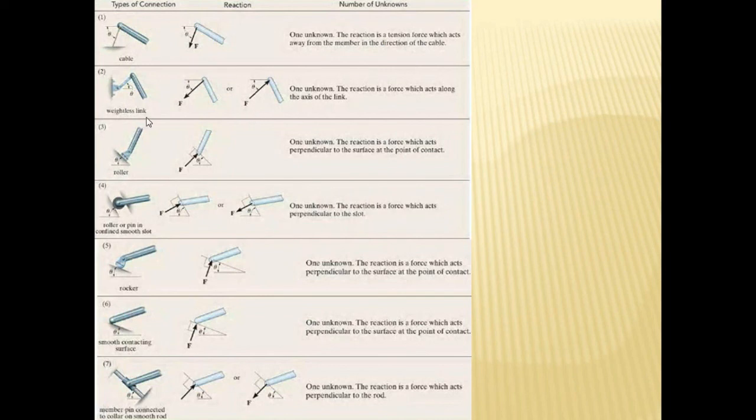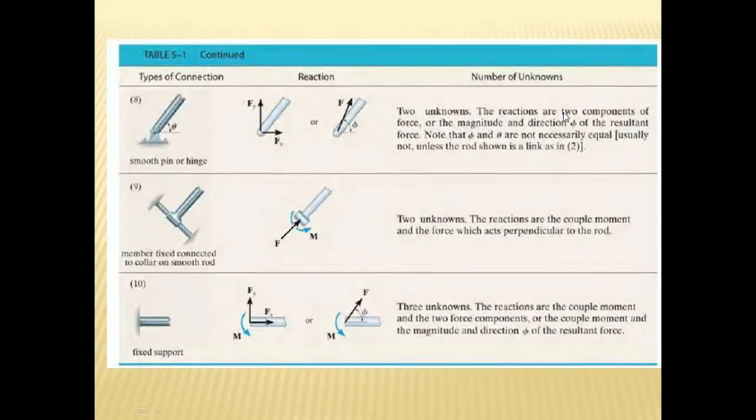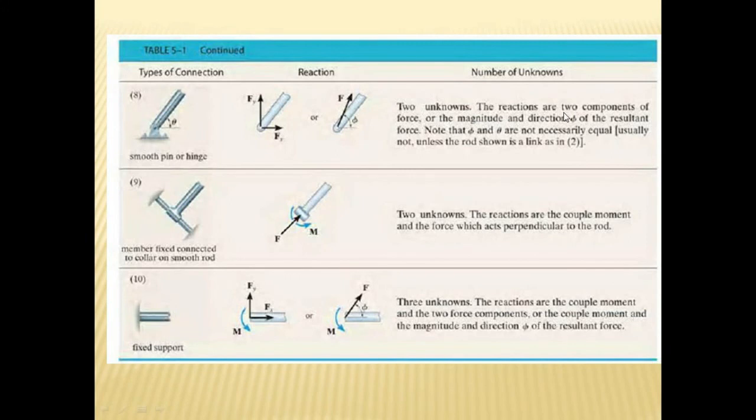If you have another support or weightless link here, then it will again be one unknown. The direction of the force acts along the axis of the link. If you have a roller here, if the roller pins here, okay. Then comes another RC Hibbeler support, which is a smooth pin hinge.